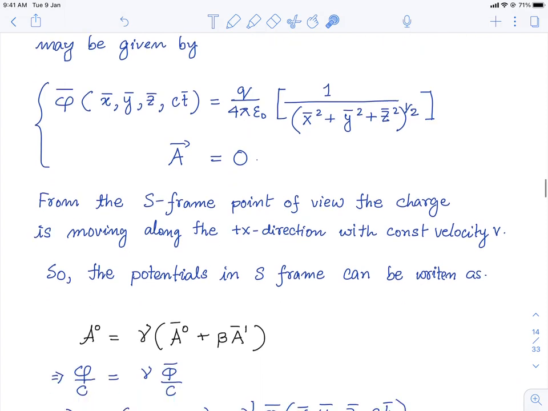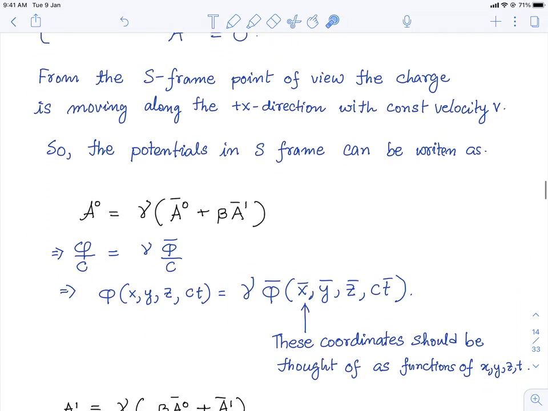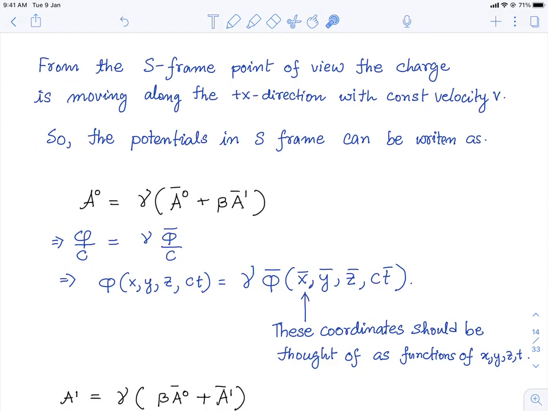Now, if we know how the potentials transform, then we can find the new scalar potential in the unprimed coordinates, or in the S frame. In the S frame, the charge is moving with constant velocity v along the x direction, right?